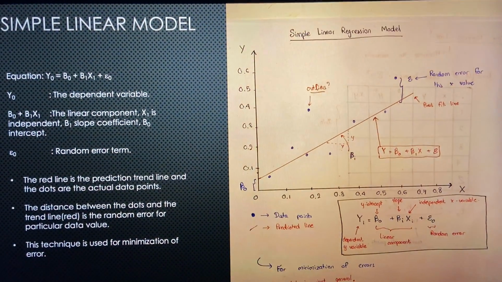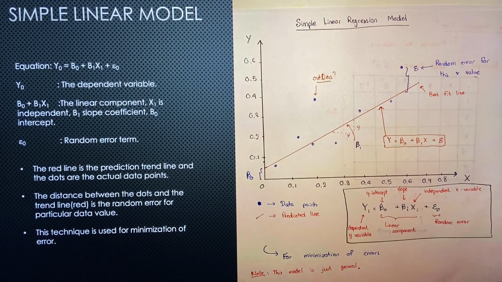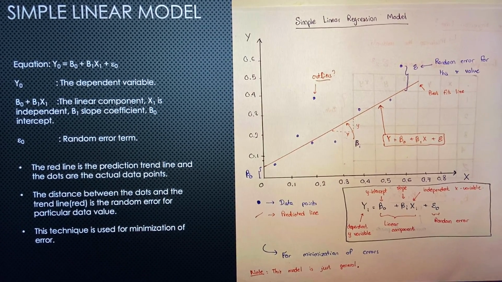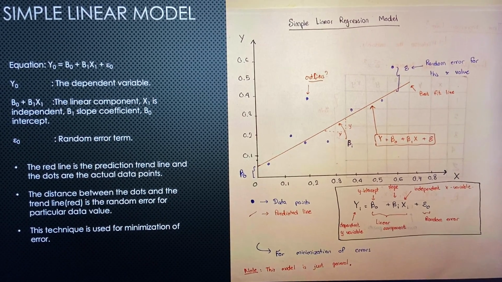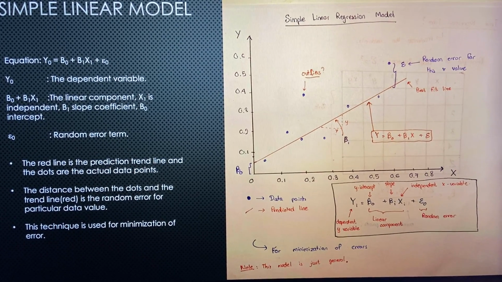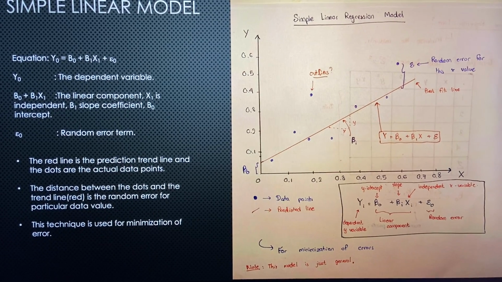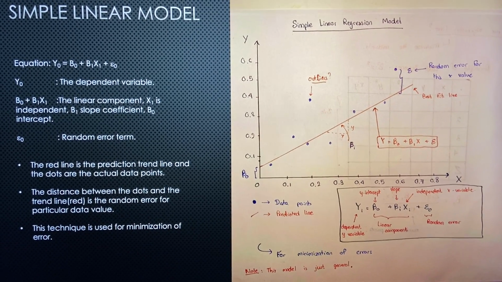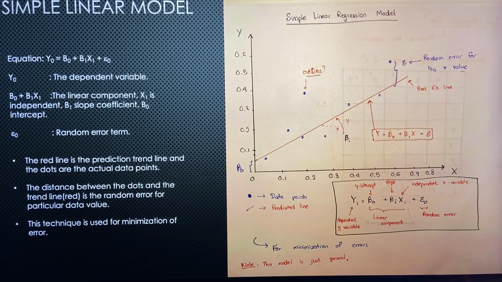In this case, it is called a simple linear model, which involves the x and y axes if we draw the model. One is the dependent variable, and the equation is in linear form. x1 is the independent variable, b1 is the slope, and b0 is the intercept. The last term is the random error term.